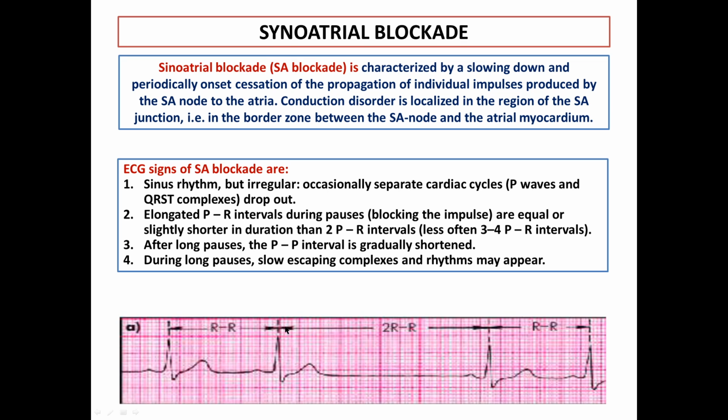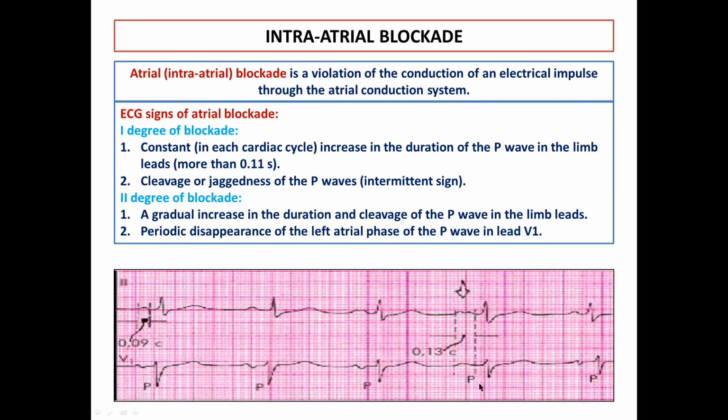The pauses during blocking of the impulses are equal or slightly shorter in duration than 2 PR intervals. After a long pause, the PP interval is gradually shortened, and during long pauses, slow escape complexes and rhythm may appear. You see here is dropping of one PQRST complex.